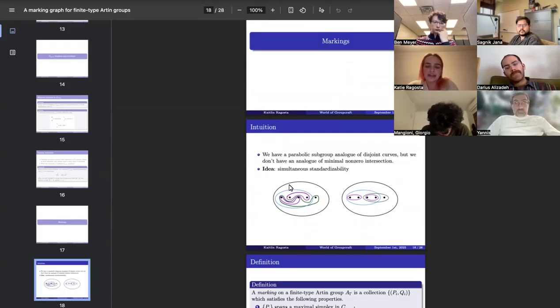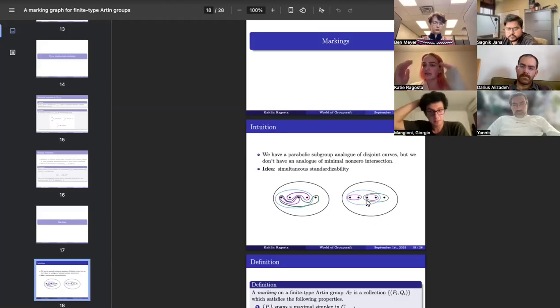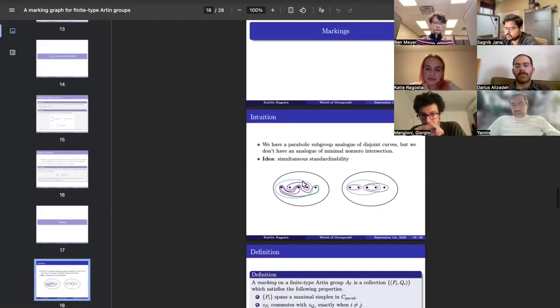Okay, and so what's the idea behind that? In the braid group, two parabolic subgroups are simultaneously standardizable if there's a single element of the mapping class group that sends them to round curves. And that just means ellipses like you see in the right picture, things that enclose adjacent punctures in the obvious way. And so you can imagine, if I have some curves on the braid group, here what I've drawn is the green and purple curves on the left are a pants decomposition of the disk.